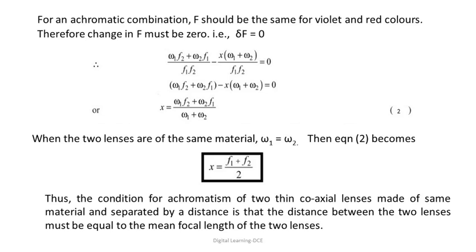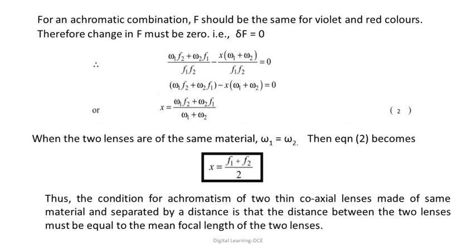For an achromatic combination, F should be the same for violet and red colors. Therefore, change in F must be 0, that is, delta F is equal to 0. Therefore, omega 1 f2 plus omega 2 f1 by f1 f2 minus x times omega 1 plus omega 2 by f1 f2 is equal to 0.